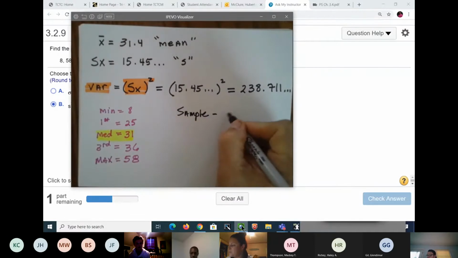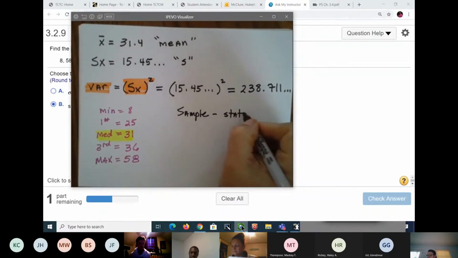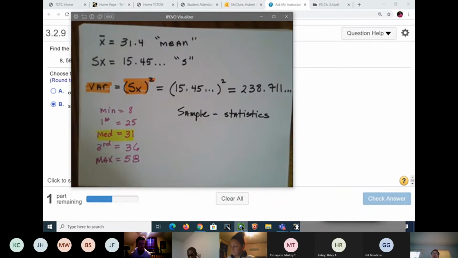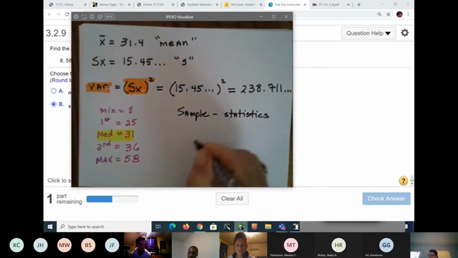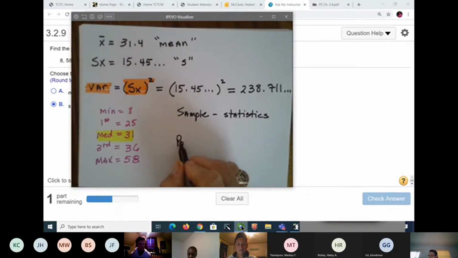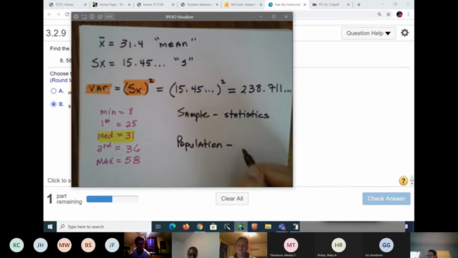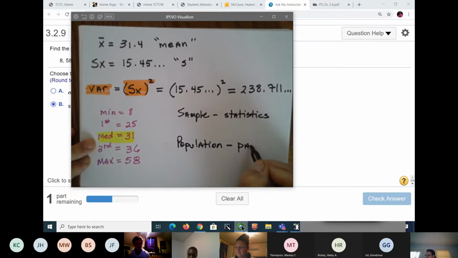uses what we call lowercase statistics, which is the variables used in the sample. Now, are they alphabet or are they Greek alphabet? Greek. No, because population is a parameter, and the parameters are Greek.